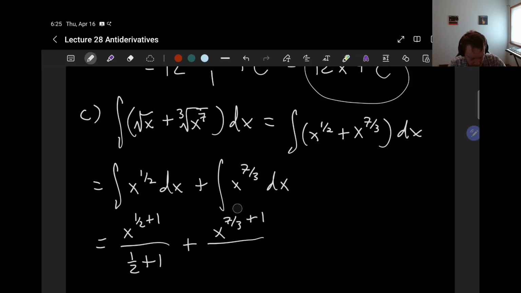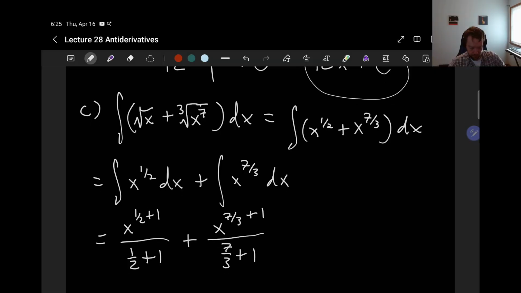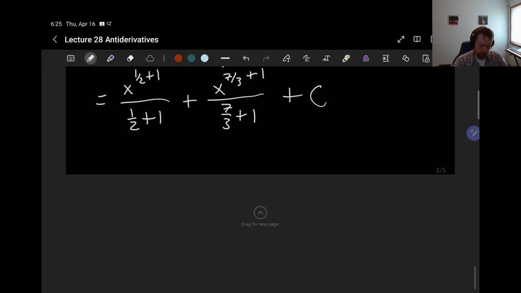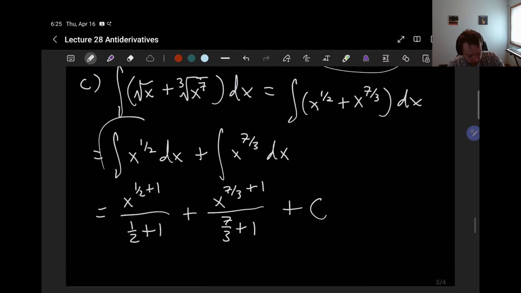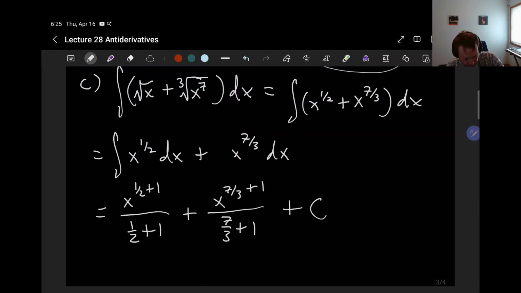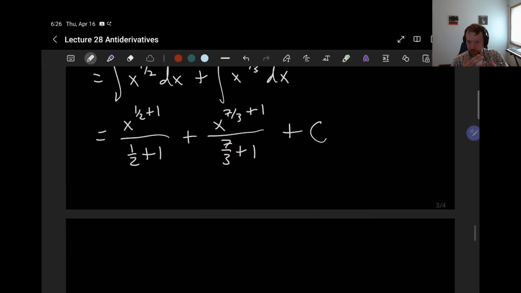You do the 7/3 first and then add 1. And don't forget plus c. Again, even though I technically did two integrals here, you only need a single plus c. There's no sense in writing more than one of them, because they could just combine into a new single constant.